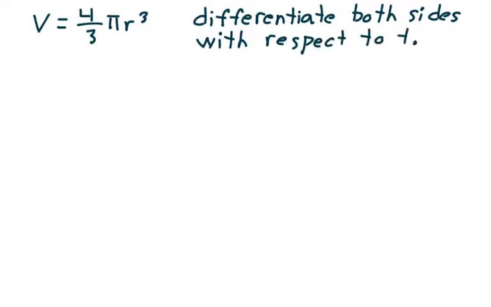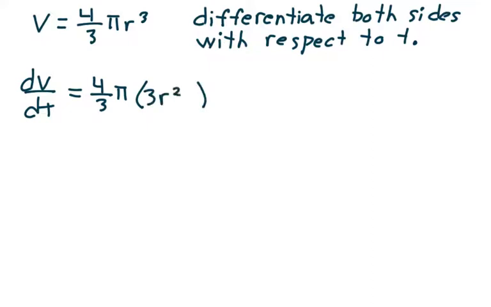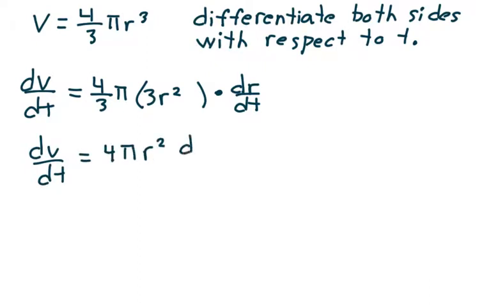T is time, okay? And so dv dt, now I'm going to apply the power rule. So 4/3 pi is a constant, and the derivative of r cubed is 3r squared. But remember, you have to multiply by dr dt. And so dv dt is 4 pi r squared dr dt.